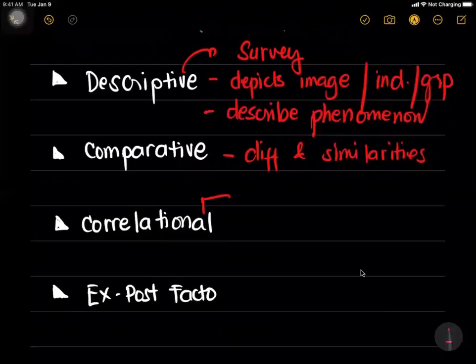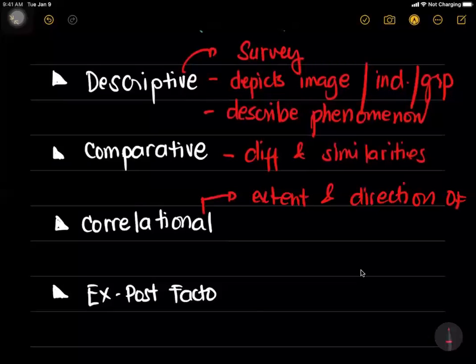Correlational, on the other hand, talks about the extent and direction of variable relationship. Here we establish a cause and effect relationship without the presence of an intervention. That is a very distinct difference between them.